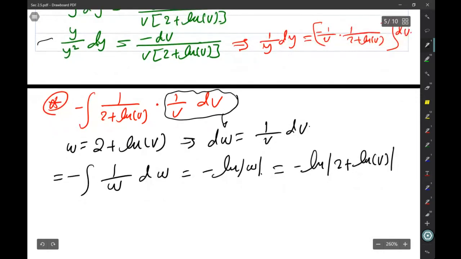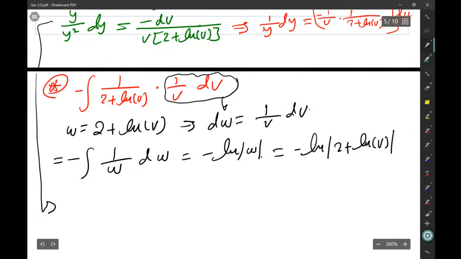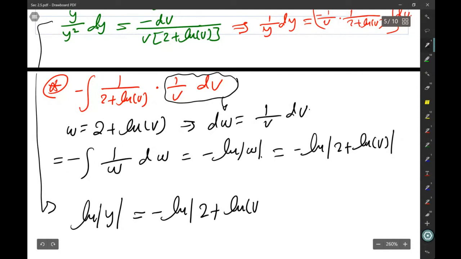Then your original equation becomes: integrate the left hand side, 1 by y becomes ln absolute y, is equal to minus ln absolute 2 plus ln LV. Of course, plus a constant.